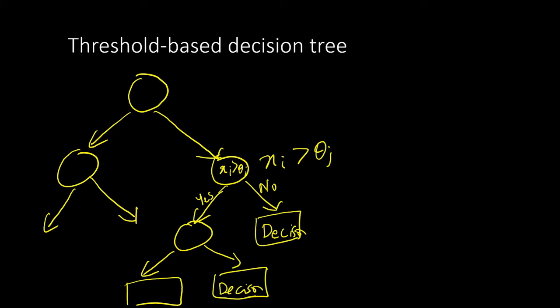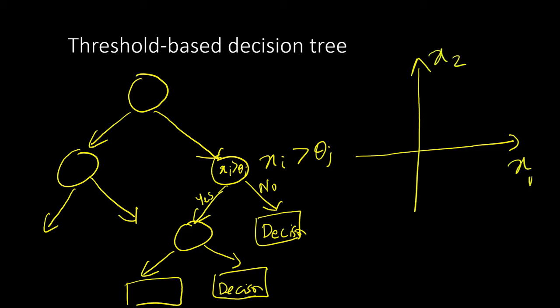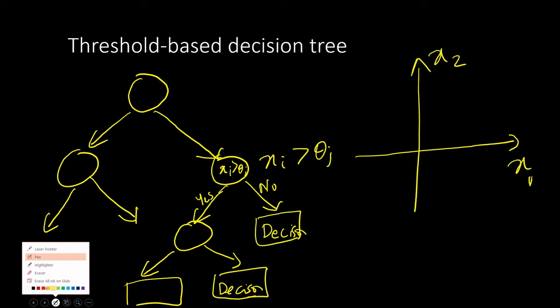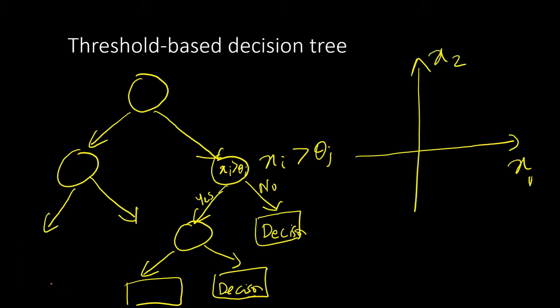Now, what does the hypothesis space look like? Let's say we have only 2 variables, which is all I can draw, x1 and x2. Your root node is going to select either x1 or x2, and if it has selected x2, then it will draw a line parallel to the x1 axis, which will divide the points.